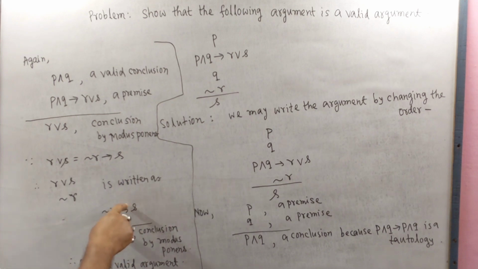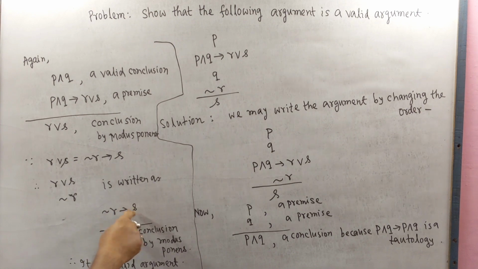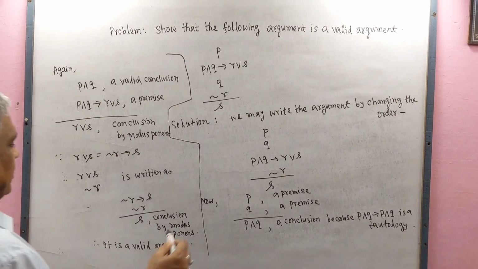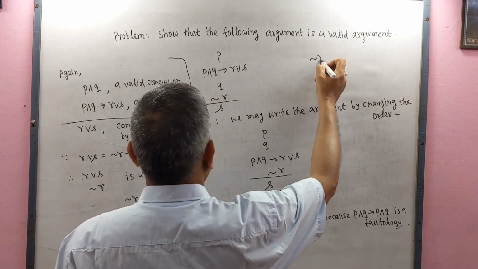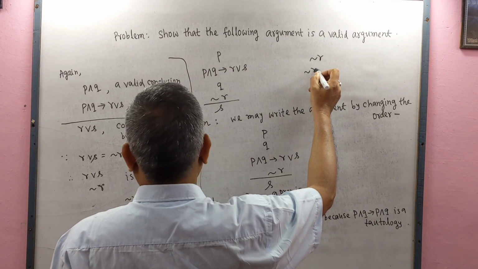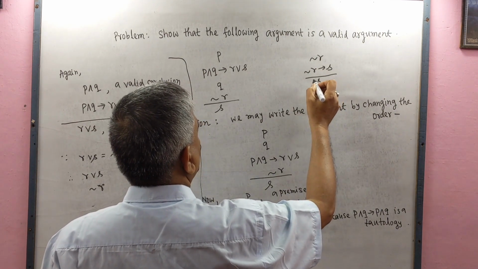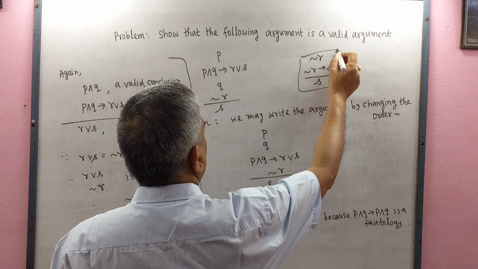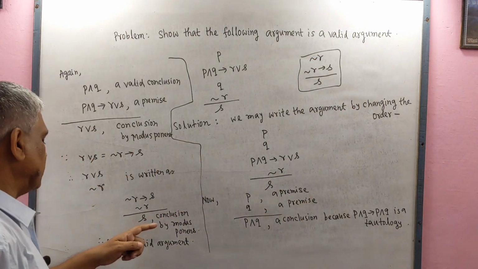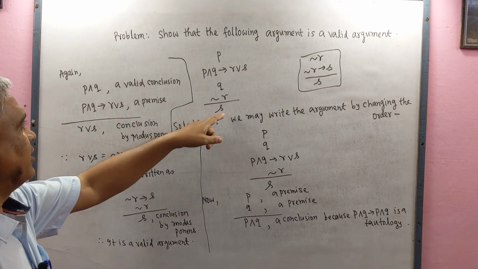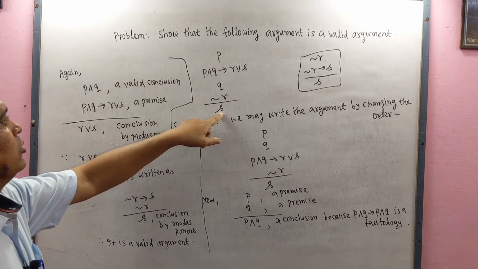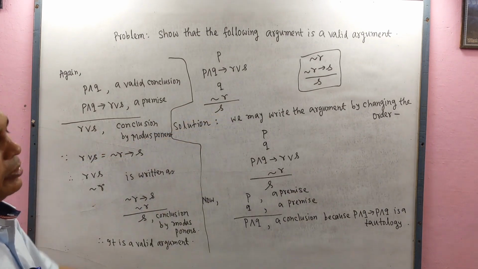First we write negation R, next the row negation R implication S. So by modus ponens we get S. So S is the conclusion. So the argument is a valid argument.